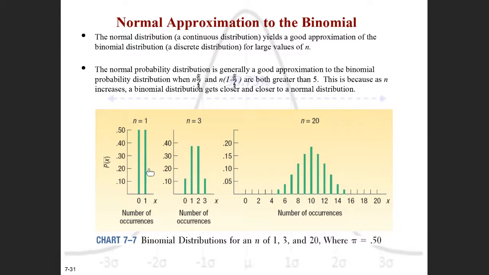They both look the same. With an n of 3, there's a tiny bit, maybe it looks like a curve. But when you have an n of 20, it starts looking like a normal curve. And that's why you want to increase your n in a binomial distribution.